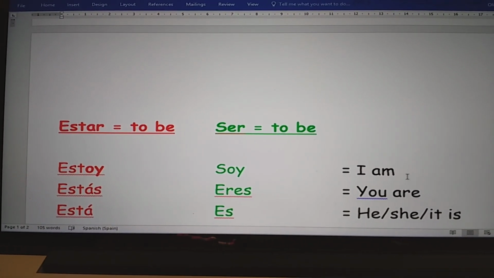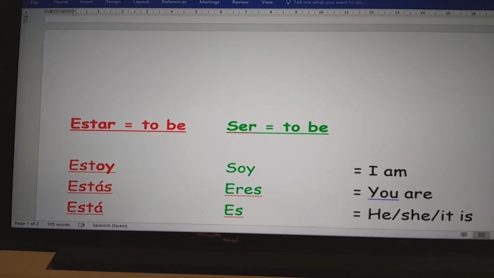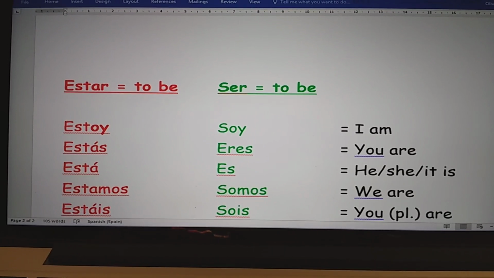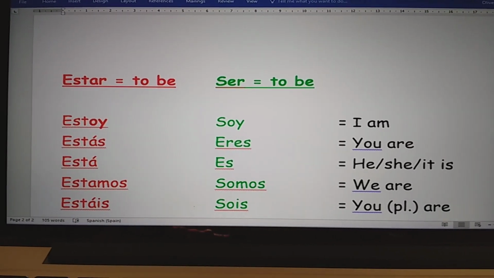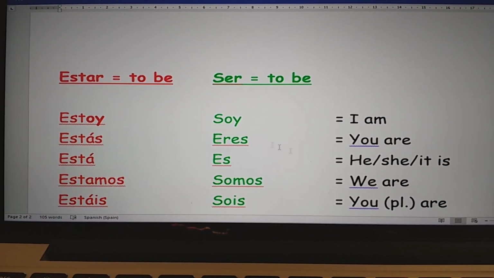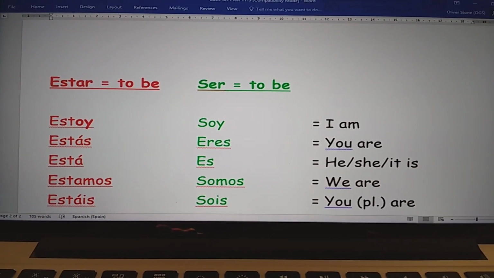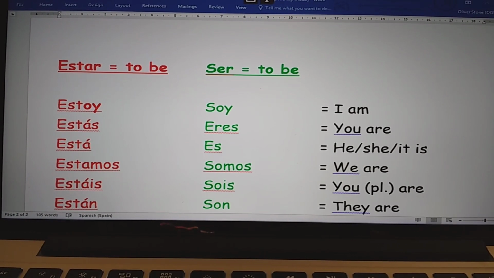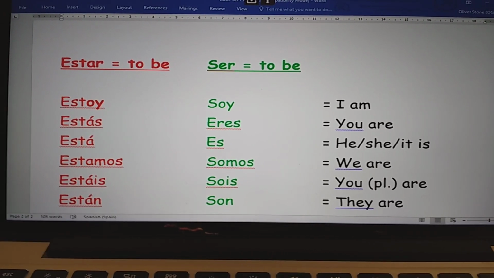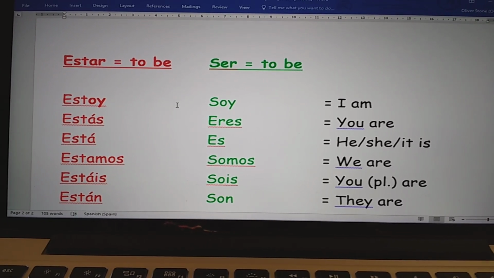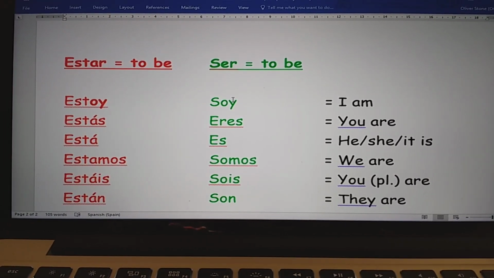And then a third column where you are writing the translation. And obviously, both verbs mean the same thing. They both mean to be. So both estoy and soy, both of those mean I am. Okay, we just have to know which one to use when. Okay? Alright, so estoy or soy or I am.